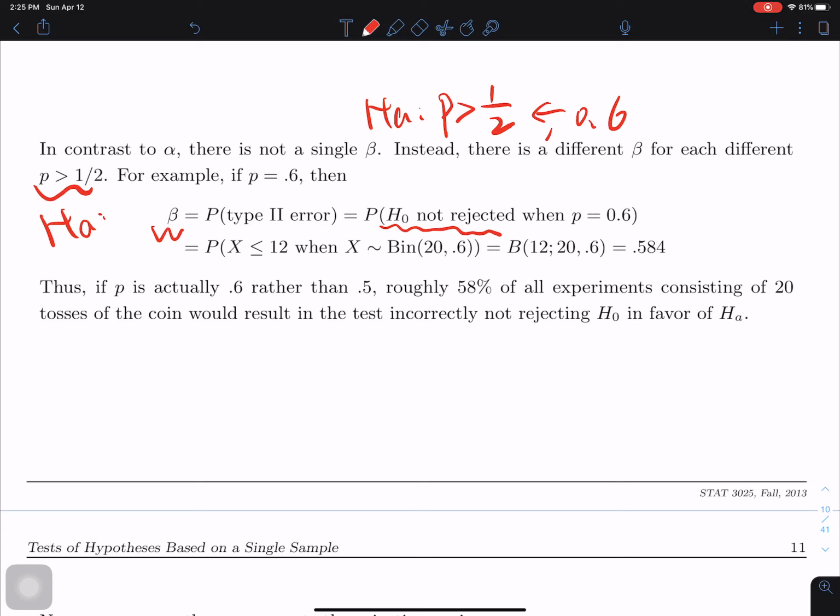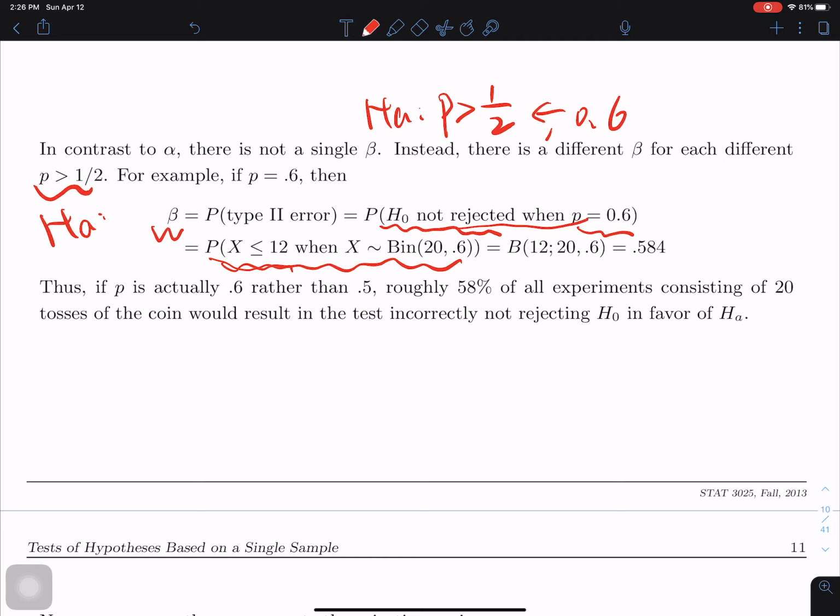When my HA is true, what is the probability that I do not reject my H0? Now suppose that my P is 0.6. Then not rejected means x is less than or equal to 12. So this statement can be translated into this mathematical statement.